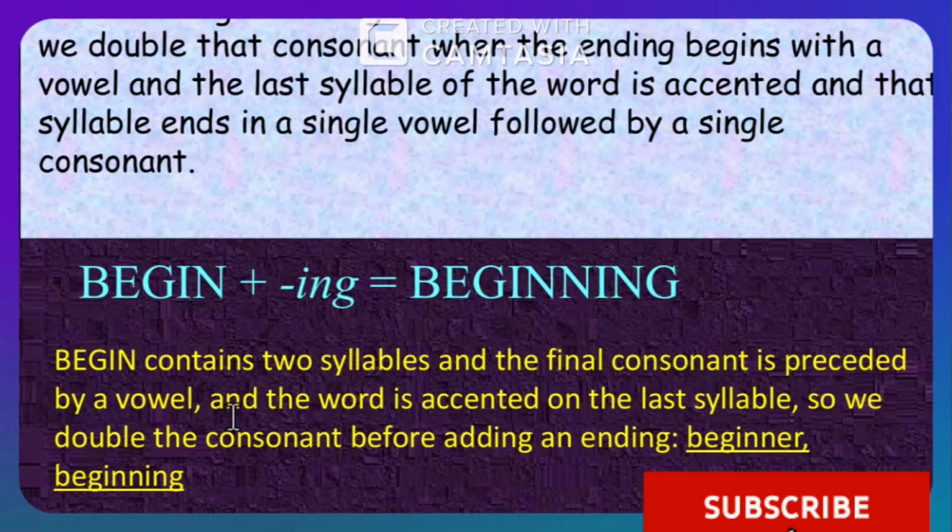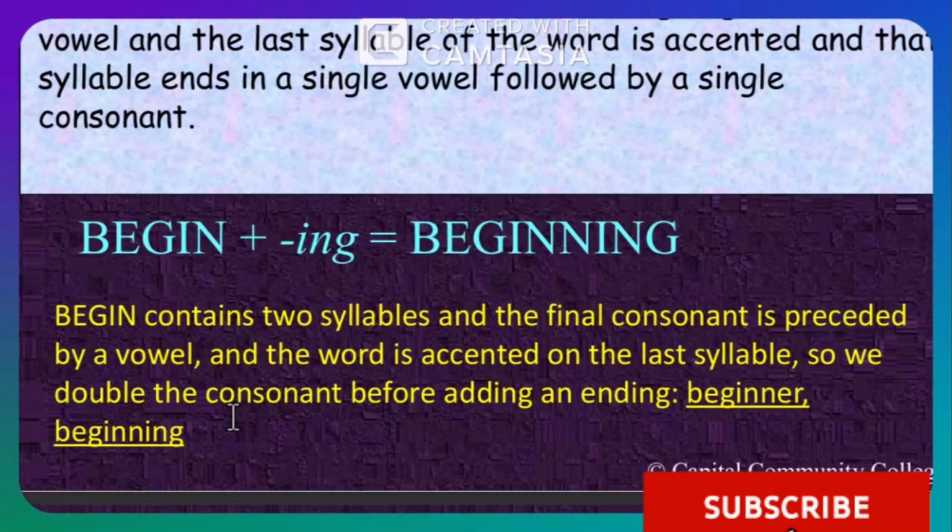In order to add a suffix, specifically ing, you double the last n, beginning. Begin contains two syllables and the final consonant is preceded by a vowel and the word is accented on the last syllable. Accented means stressed, okay? So we double the consonant before adding an ending. Beginner, beginning.